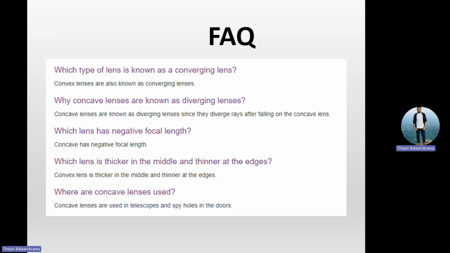Which lens has the negative focal length? Concave has a negative focal length. Which lens is thicker in the middle and thinner at the edges? It should be convex. Where are concave lenses used? Concave lenses are used in telescopes and spy holes. Some of the applications, right?